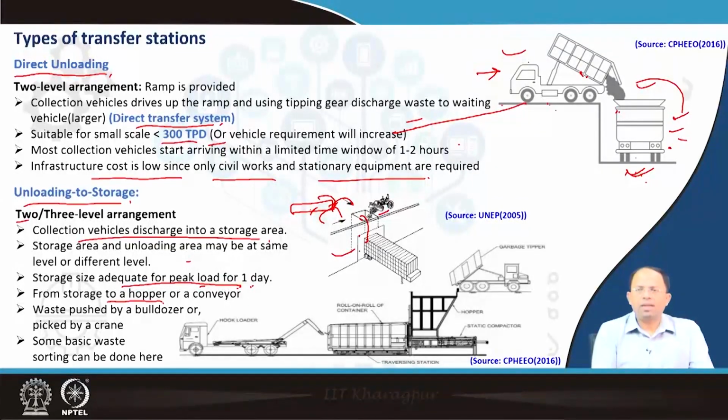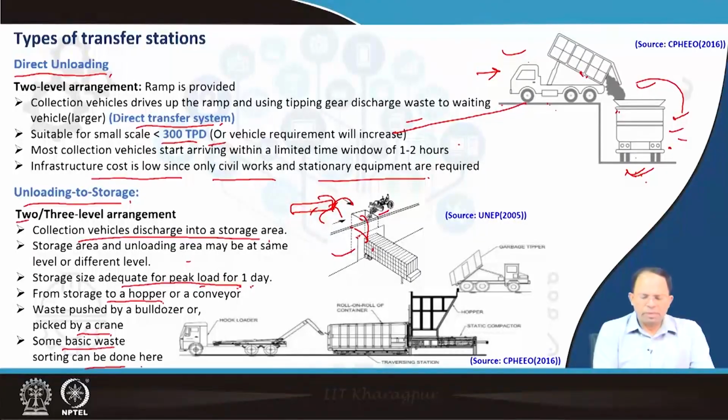Then as per the requirement, when the container returns after delivery, we can place the container, open the hopper or the conveyor, and carry the garbage and load it into this particular vehicle. So waste could be either pushed by a bulldozer into this hopper or conveyor belt, or it could be picked up by a crane and put inside this container.